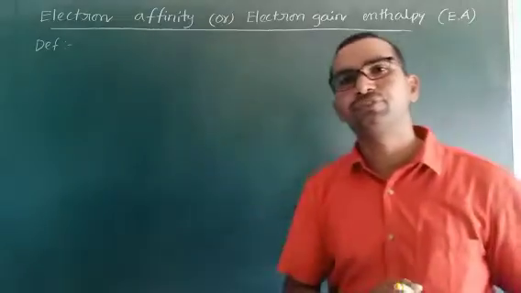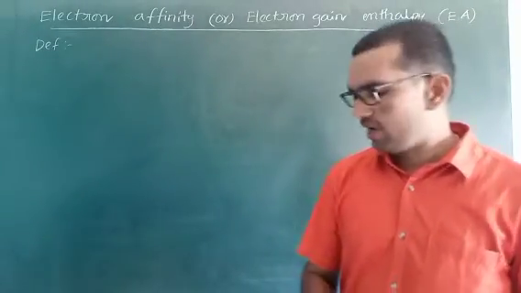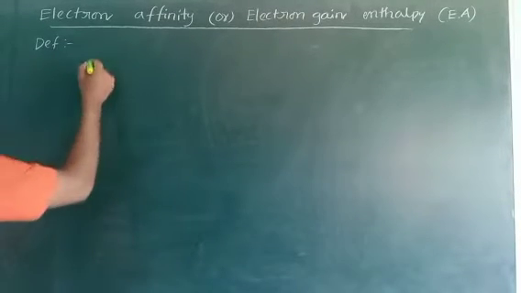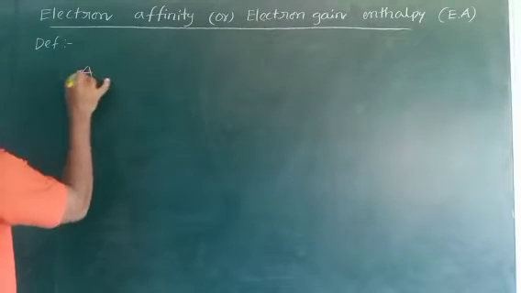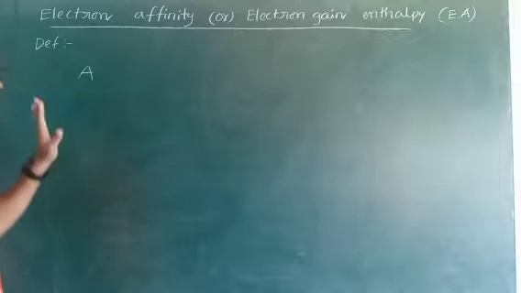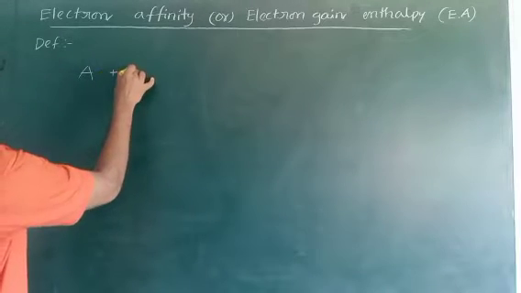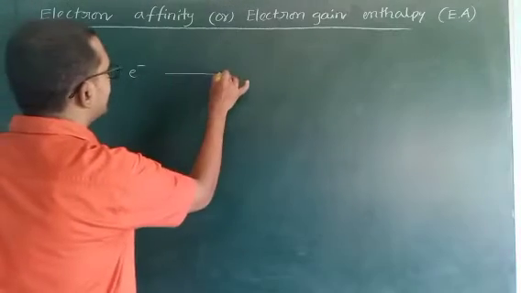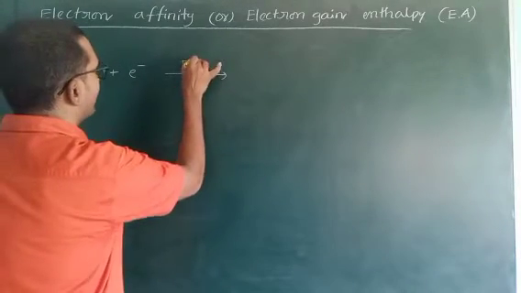This is the definition of electron affinity. See the example. For example, this is A, this is one atom, this is a gaseous atom. Now add one electron, meaning the first electron. Then it is considered as EA1.